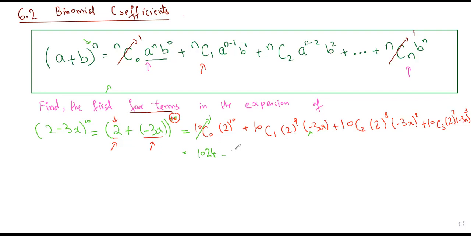You can use your calculators. 15360x, plus this is going to give me 103680x squared, minus 414720x cubed, right? Plus dot dot dot. We know that we would have more terms, but since the examiner wants us to find 4 terms only, so 1, 2, 3, and 4, right?